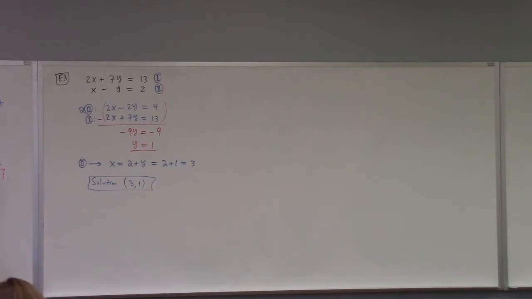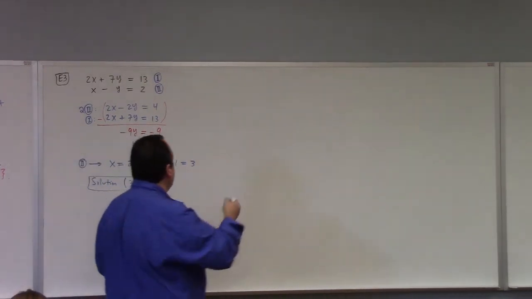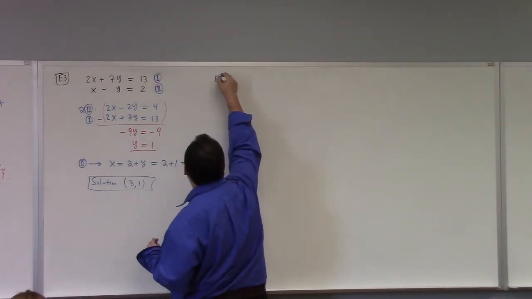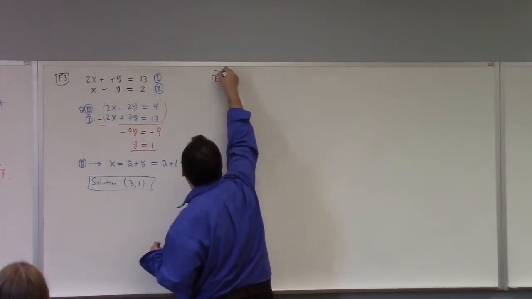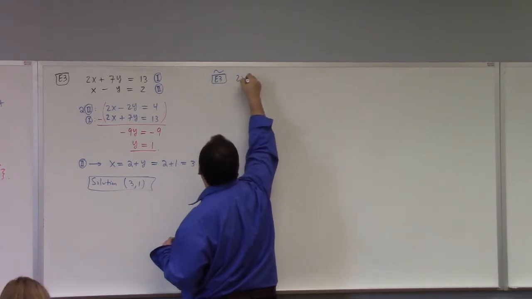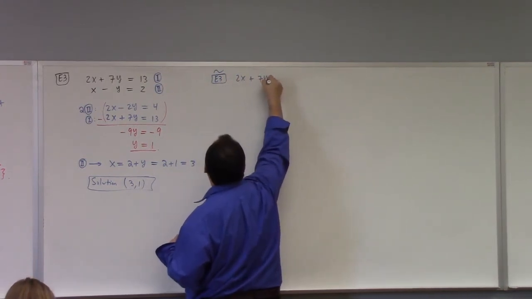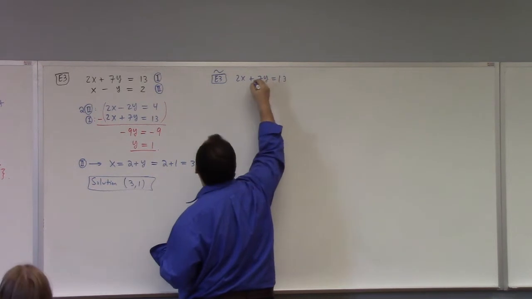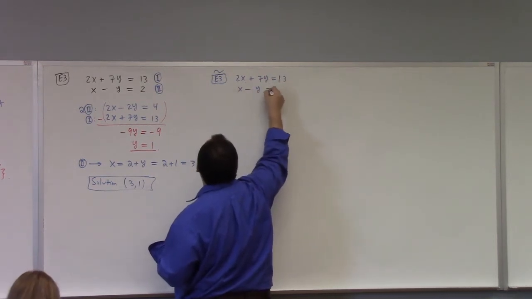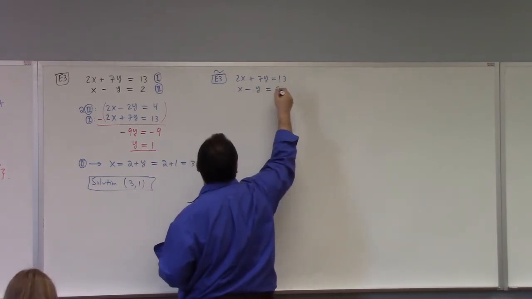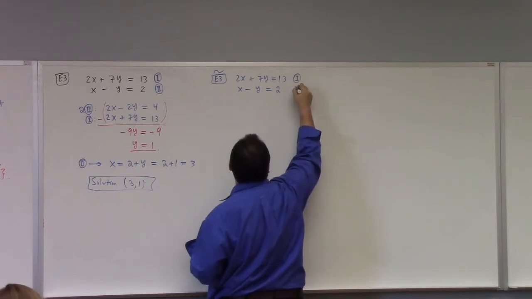Now this one I think actually would have been easier if we used the method of substitution, right? So let's work example 3 again, but with substitution. So I've got 2x plus 7y equals 13, and x minus y equals 2. I'm going to call this equation 1, call this equation 2.